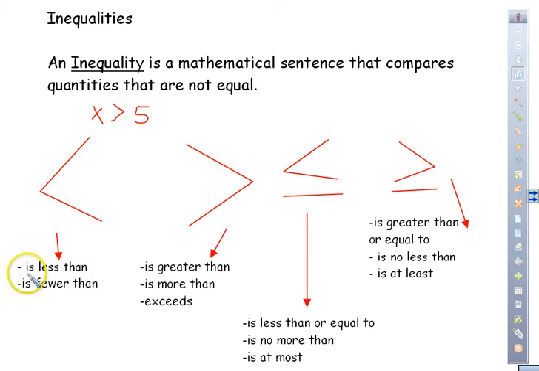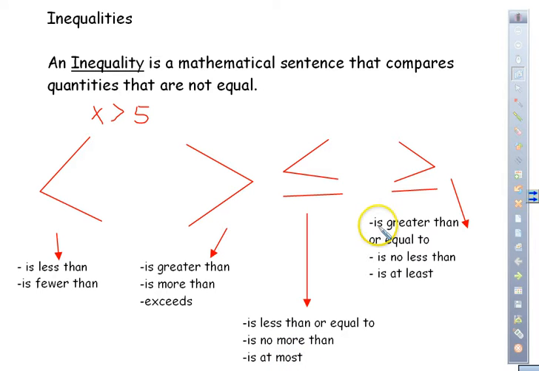If it is a less than sign, then it is less than, it is fewer than. It has to be less than that amount. This sign and this sign, these two, mean less than or equal to. So it has to be less than that amount, or it can be equal to that amount. It is no more than, it is at most that amount.